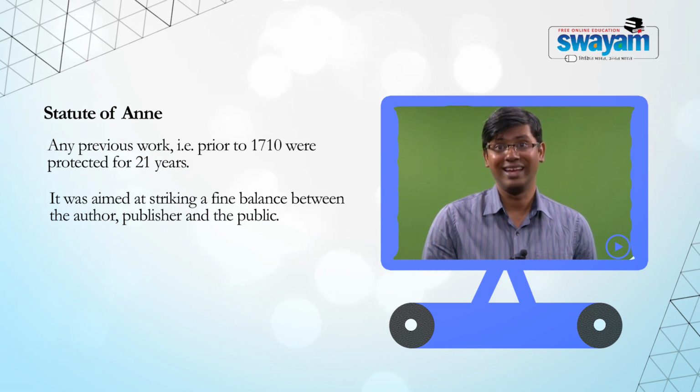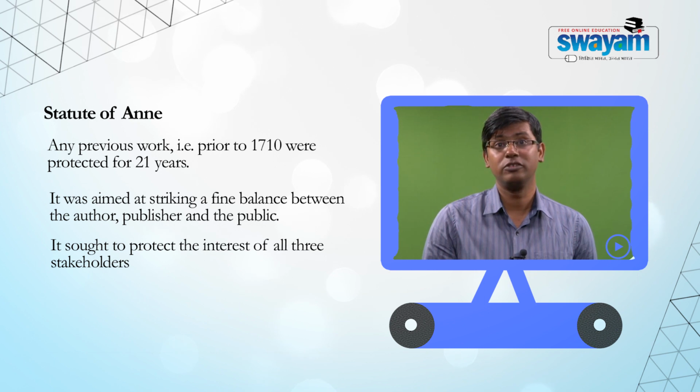Right? It was based on the idea that if you encourage the authors and give them protection for a certain period of time, they'd come up with wonderful literary works. It sought to protect the interest of all three stakeholders: the printers, the publishers, and the common public. Yeah?